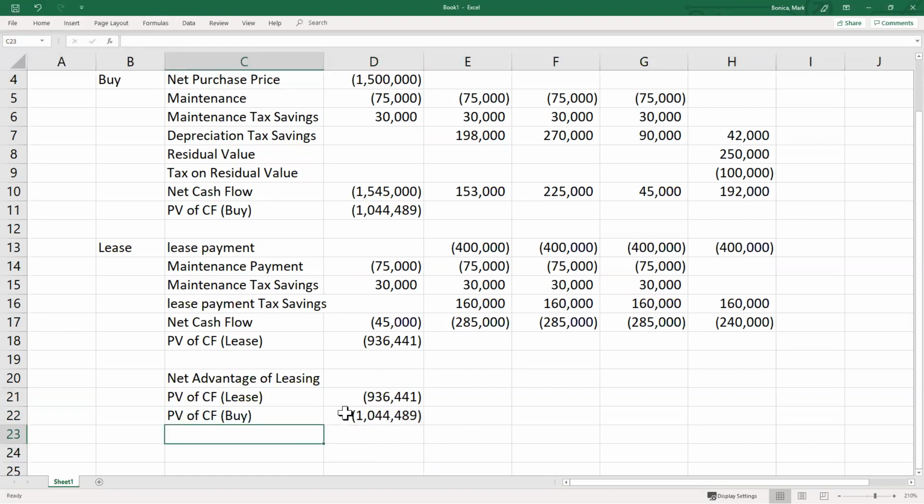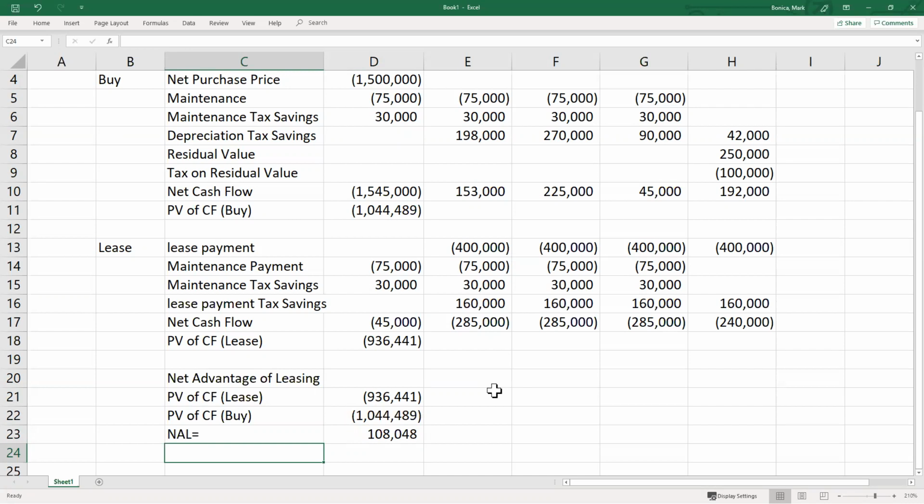So I'm going to subtract the present value of the cash flows of buying from the present value of the cash flows for leasing. So I'm taking a small negative, subtracting a larger negative, and I wind up with a positive 108,000. So the net benefit of leasing over buying is 108,000, a present value of $108,000.